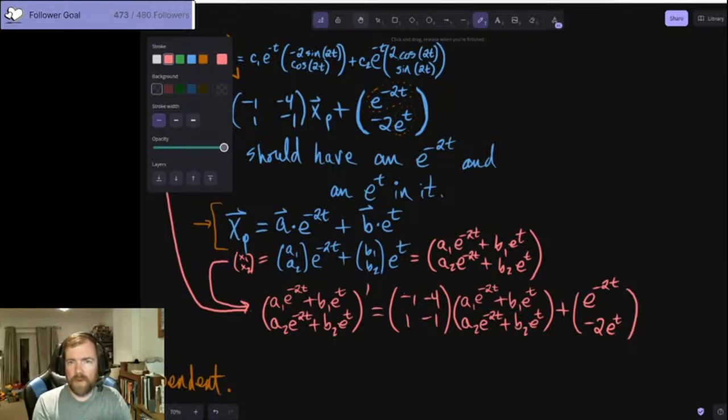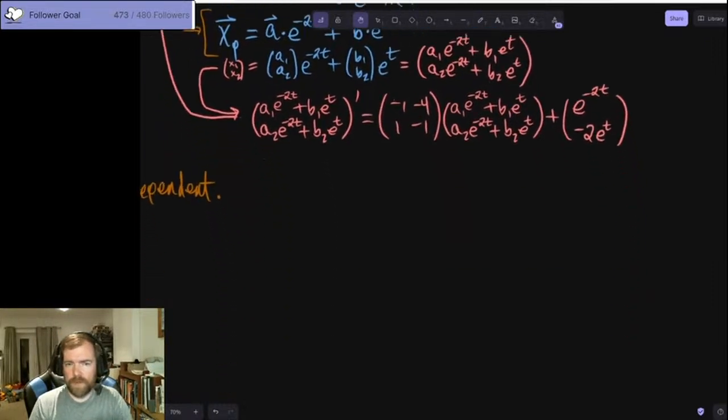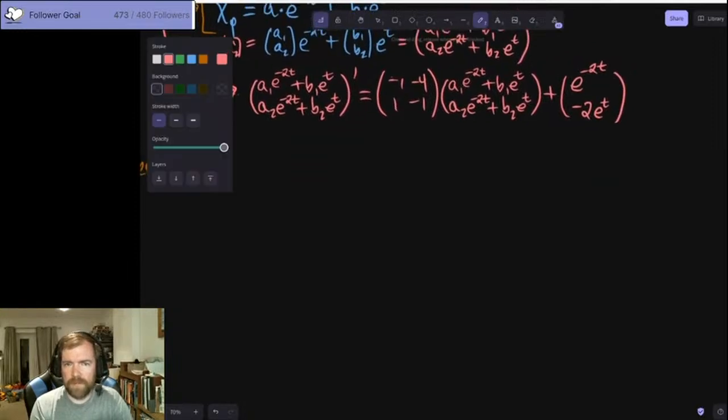Okay. What do we get for the derivative of the left-hand side? All right, let's do this. So minus 2a1 e to the negative 2t, and then plus b1 e to the t, and then similarly below.